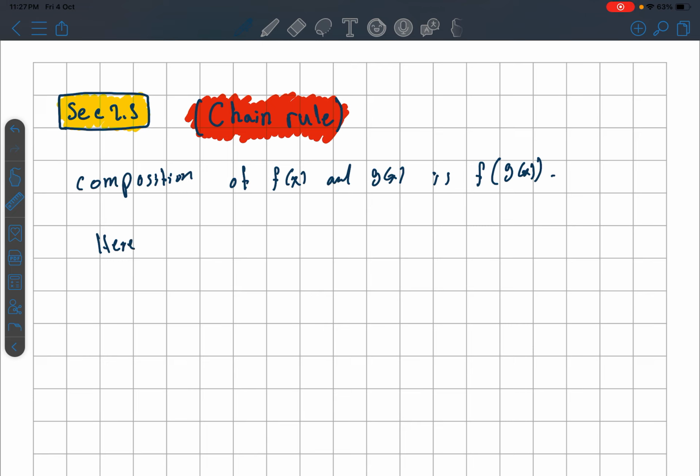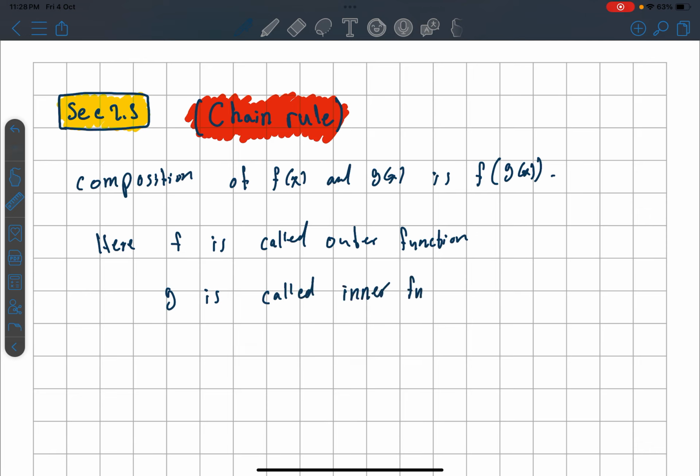Here f is called the outer function, and g is called the inner function.